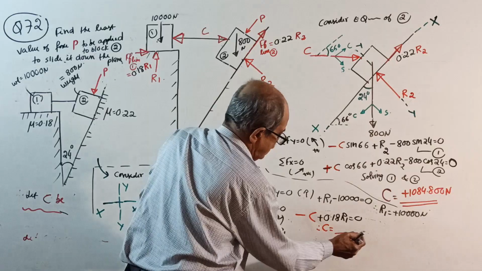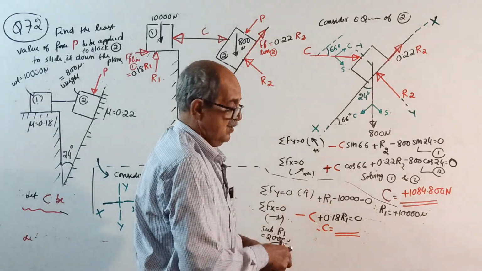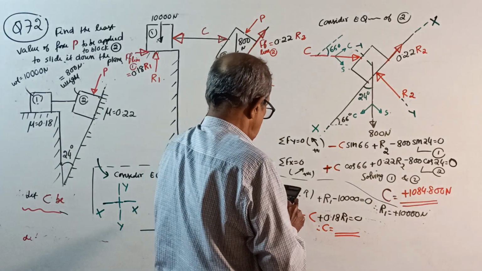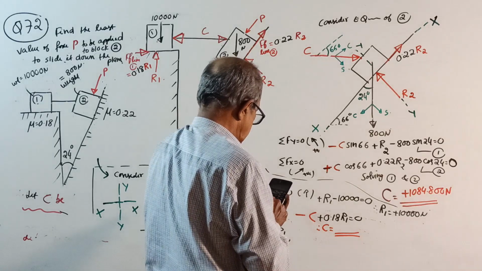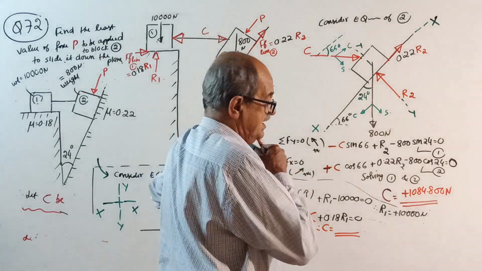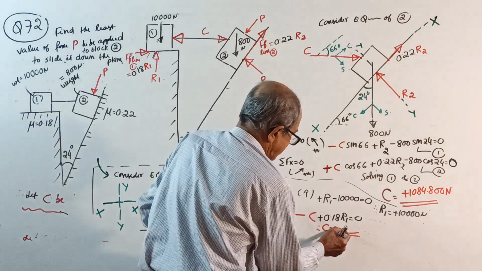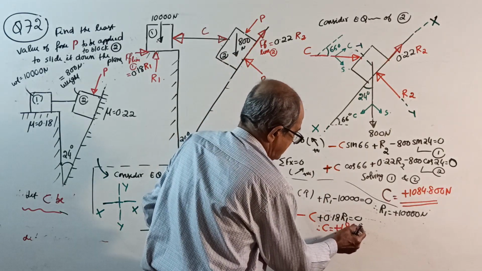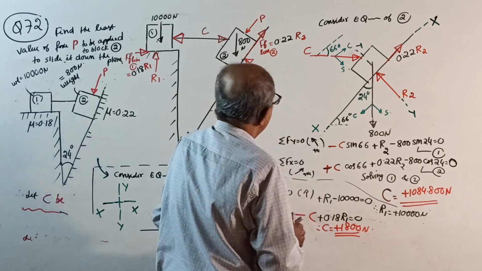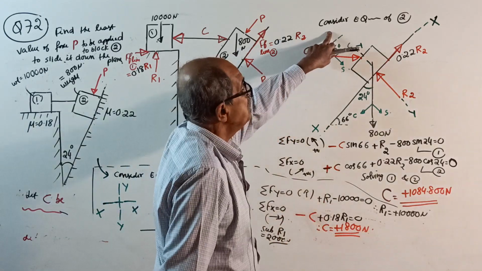Therefore, you get the value of C. 0.18 into 10,000 is 1,800, so C is plus 1,800 Newton.